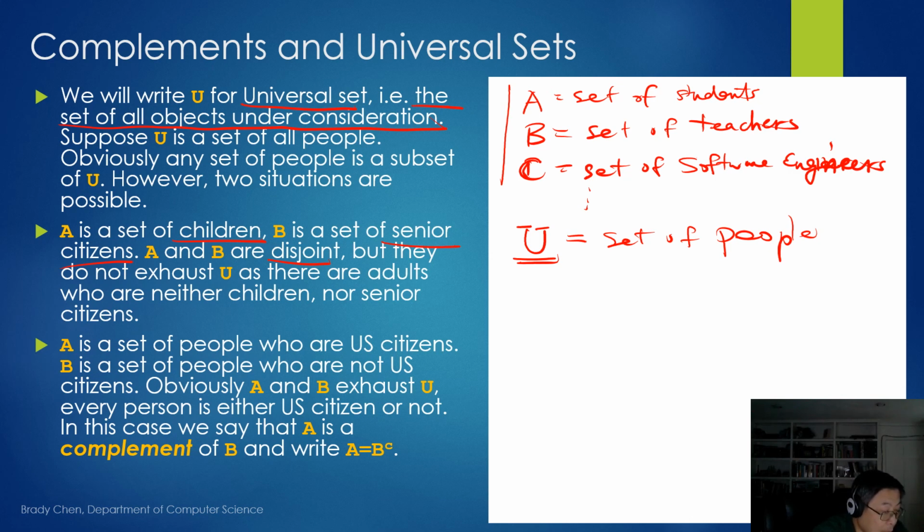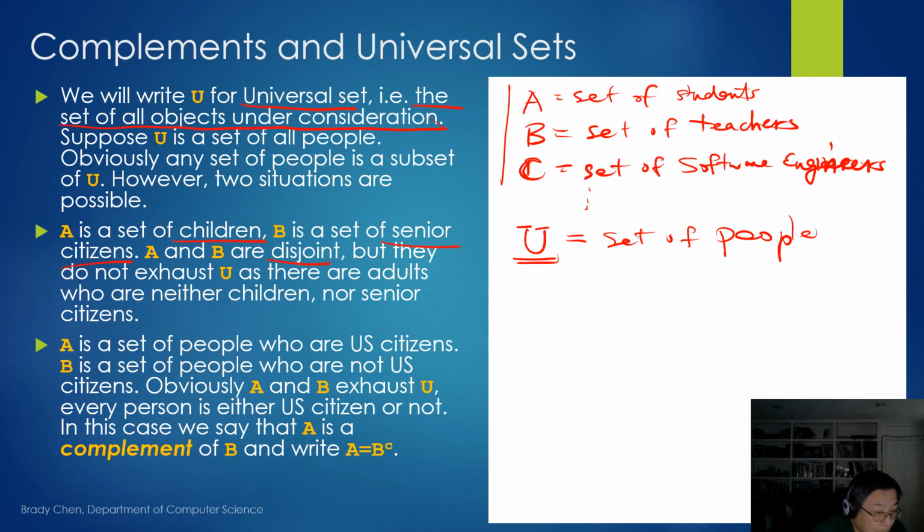But A and B do not exhaust U, as there are adults who are neither children nor senior citizens. So that's why in any problem we can define a universal set, which contains all the objects under consideration.